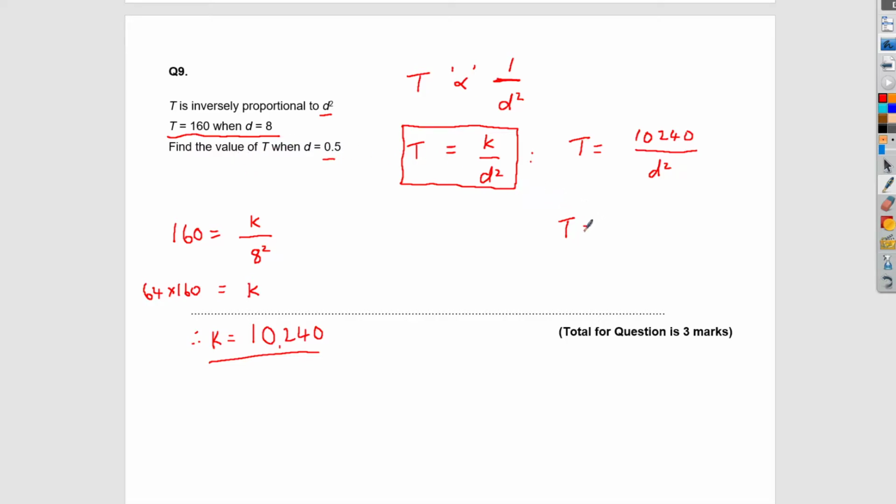So t is going to equal 10,240 divided by 0.5 squared. Just plug that into your calculator. 10,240 divided by 0.5 squared equals, you're going to get a large amount of 40,960.